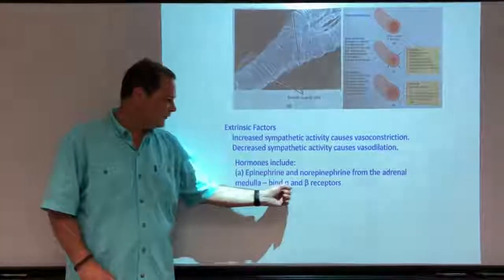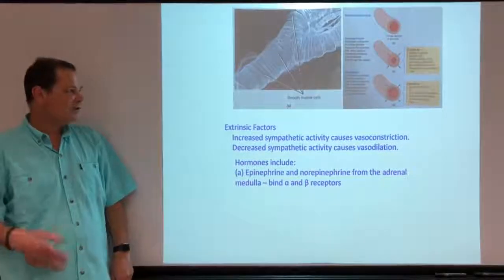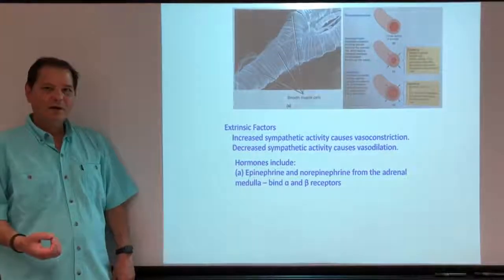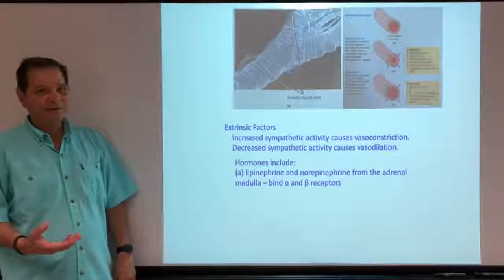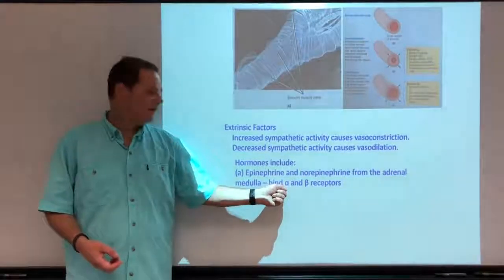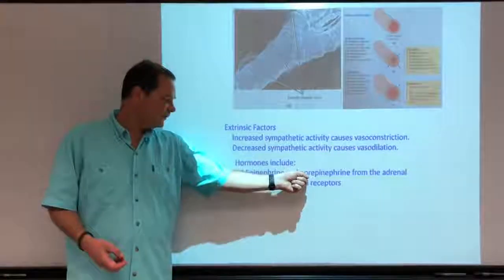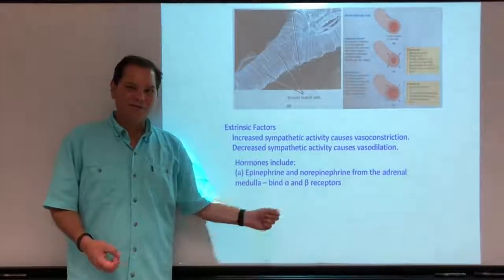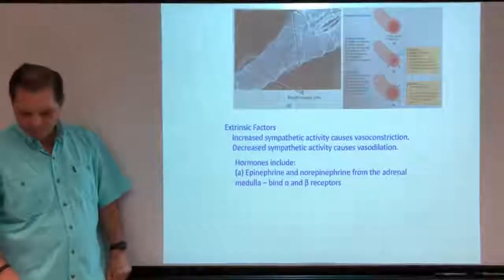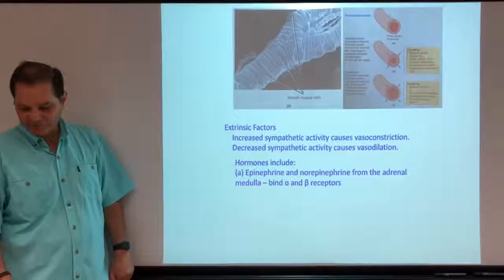These bind to alpha and beta receptors, which will cause arteriolar constriction or dilation, depending upon which dominate. Typically, the alpha will dominate, and typically the response to norepinephrine and epinephrine will be a constriction. We'll worry about that more in the autonomic nervous system lesson.